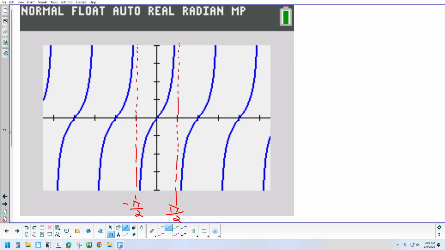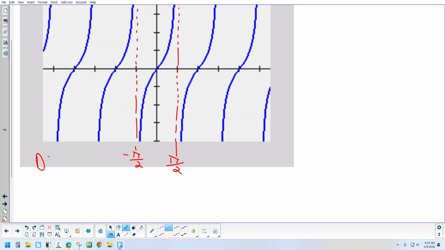Okay? So we're going to restrict the domain from -π/2 to π/2. And what about the range? What's the range of that section in the middle? Yeah. -∞ to ∞. Okay.